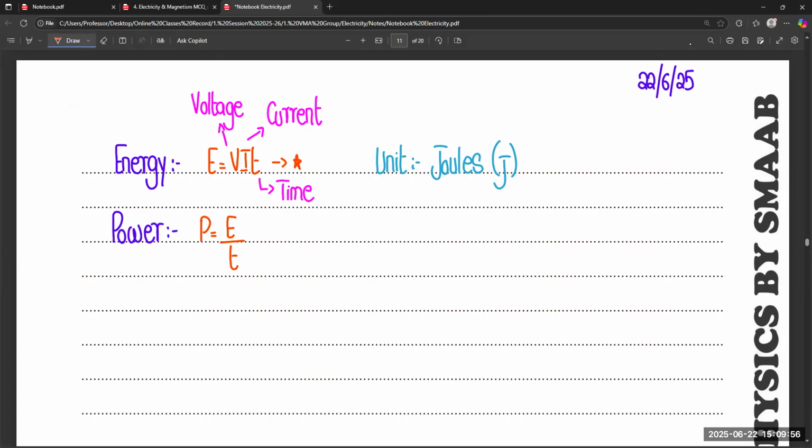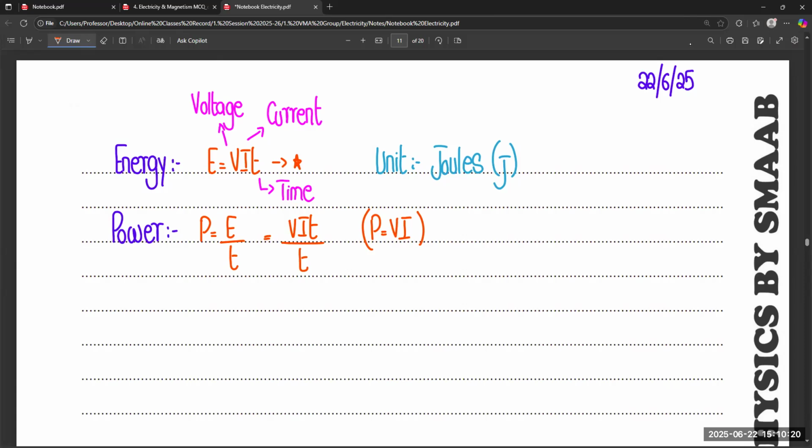So energy is equals to VIT, so it becomes VIT over T. So T and T cancel out each other. So finally, power is equals to voltage into current, right? So this is the formula of electrical power.